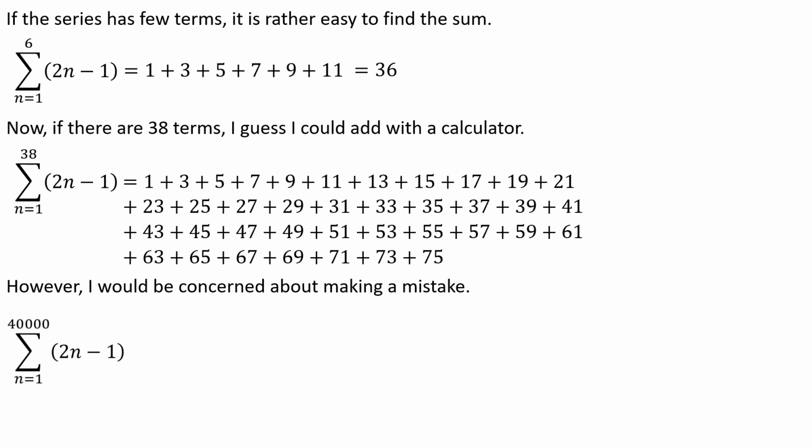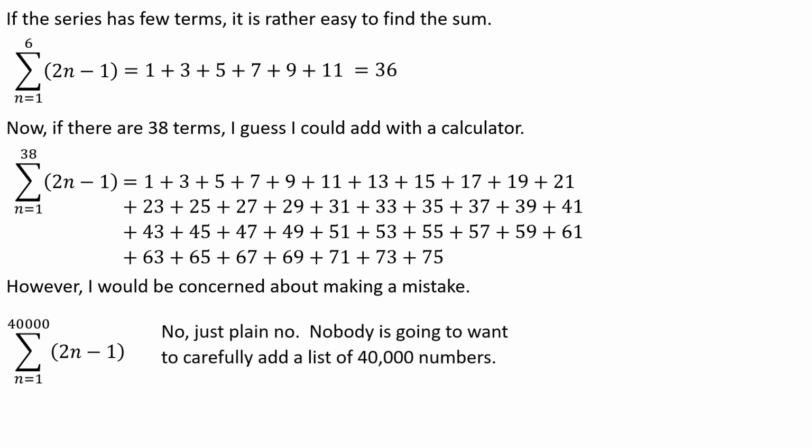But then at some point, I'm going to realize this is just not possible. If I start with the number 1 and I have to go to 40,000, think about 40,000. How long is this list? No one, and I mean no one, is going to carefully add up by hand a list of 40,000 numbers. You're just not going to do it.